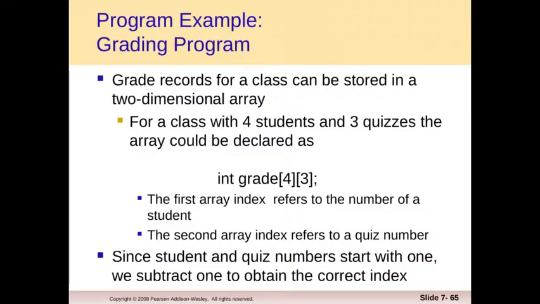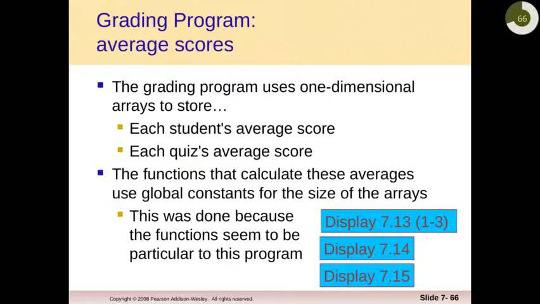Okay, so what we want to do is compute averages. Let's say we want the average for every quiz over all the students, and we also want the average per student over all the quizzes. So we need two arrays.